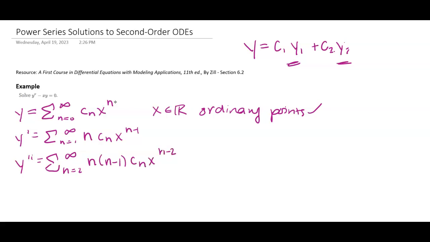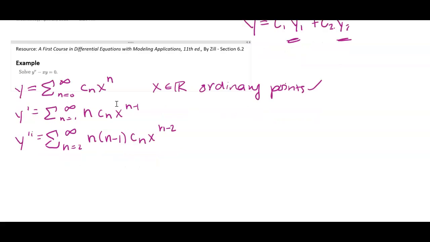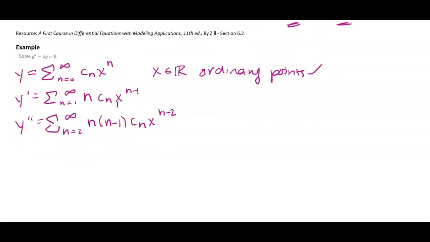And I have to start at n equals 2 because I can't have x to a negative power. I need these to be polynomials. All right, well, that's what I'm going to then plug in to my differential equation.